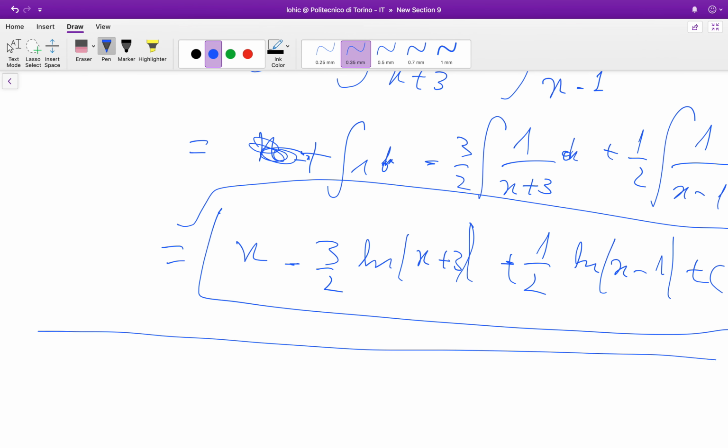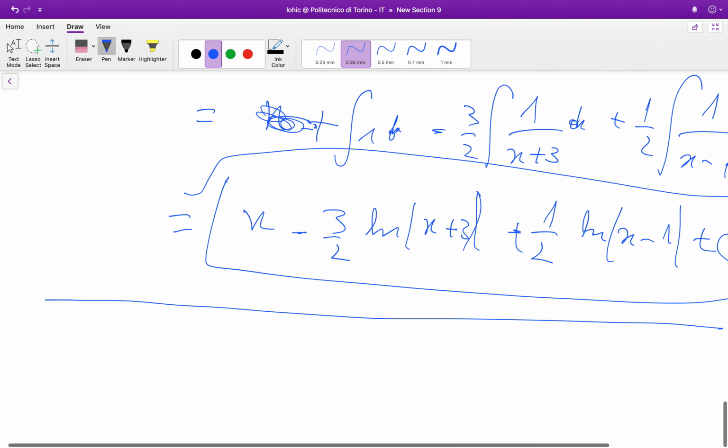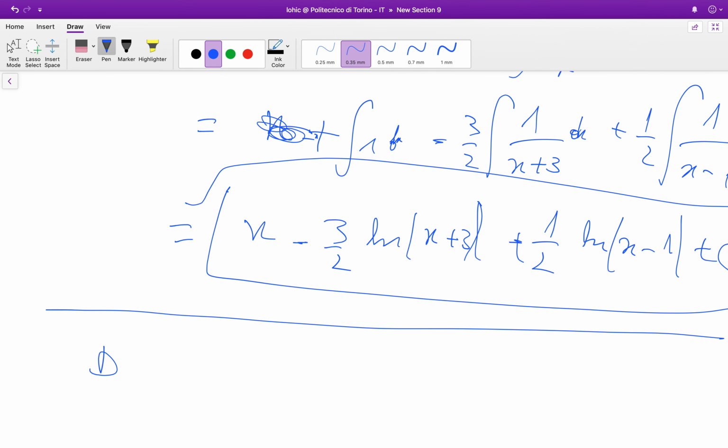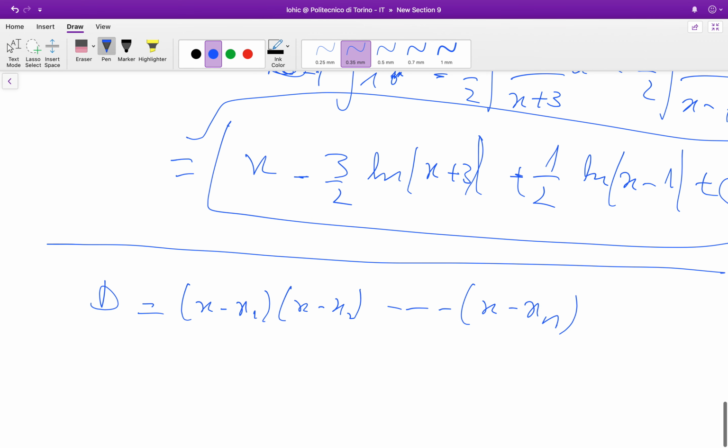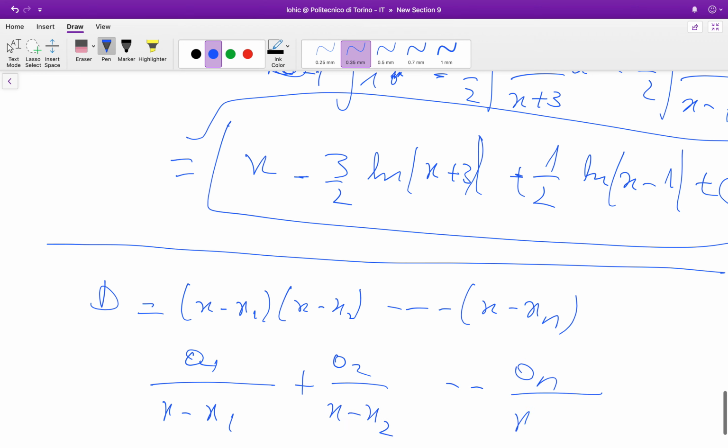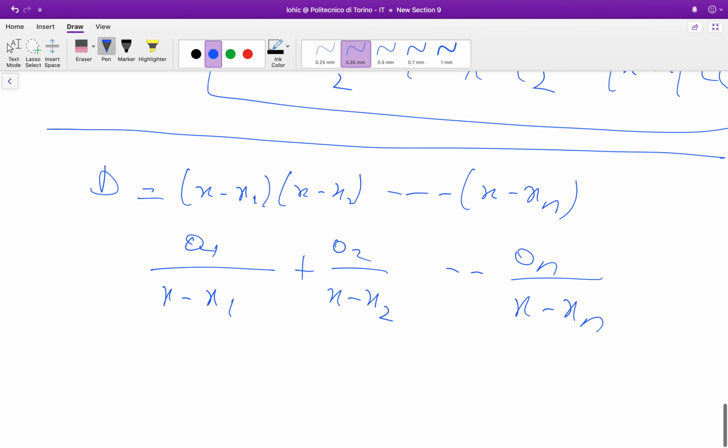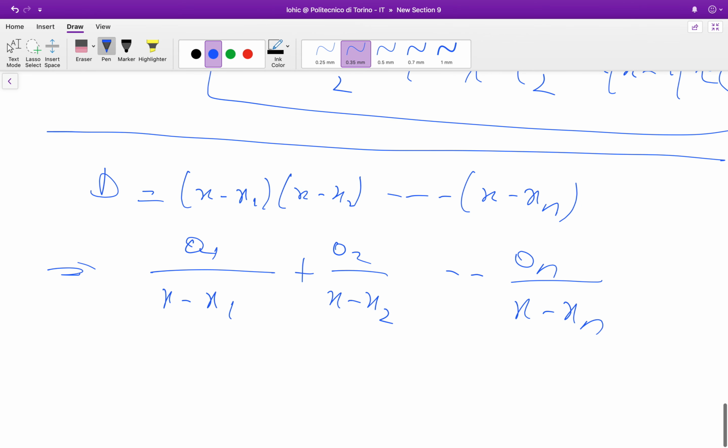So if your denominator gives you factors like (x - x1)(x - x2)...(x - xn), you will identify it by doing a1 divided by (x - x1), one constant for each factor, plus a2 divided by (x - x2), up to an divided by (x - xn). Is that clear? Now this is the first case.